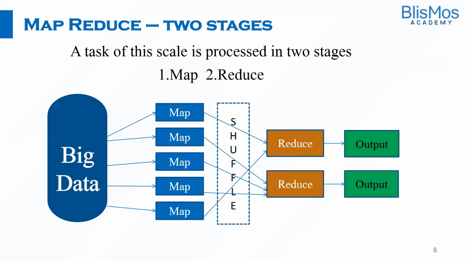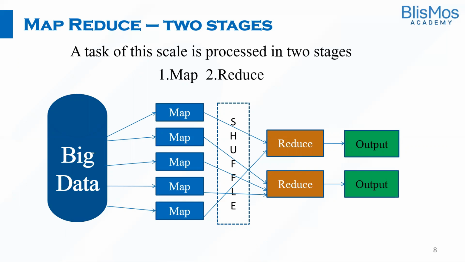As we understand, we are trying to process a huge amount of data. The scale is very big. We are not talking about 1 MB, 1 KB, or even 1 GB for that matter. We are talking about 100 GBs or TBs or ZBs, that is zettabytes. The processing at this scale is taken care of by two steps in MapReduce.